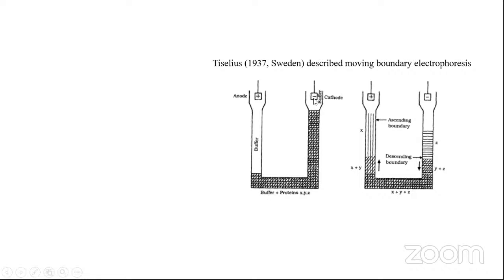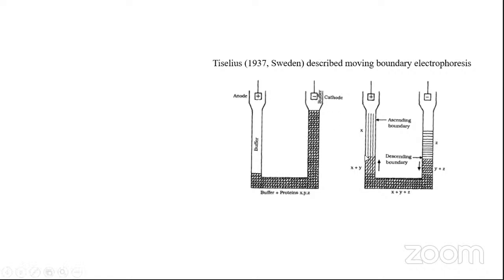And when you subject these molecules to a particular electric field, then depending upon their charge and mass status, the molecules tend to migrate under the effect of electric field, and that creates different zones, or you can say different boundaries of the charged molecules which are going to move under the effect of electric field.